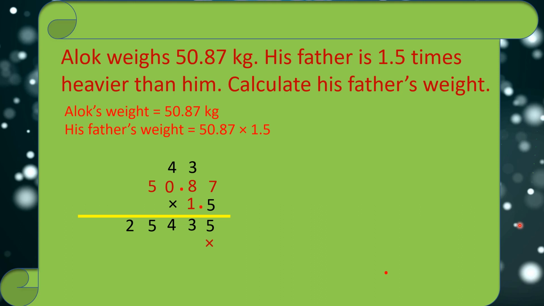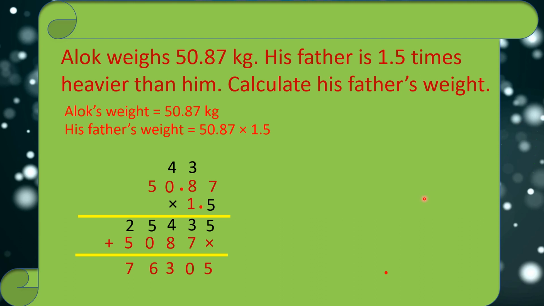Now we will put one cross here and we will multiply by 1. So what will be? 1 seven is 7, 1 eight is 8, 1 zero is 0, 1 five is 5, and we will add. So it is 5. 7 plus 3 is 10, so we will write 0 here, and 1 we will put as carry, and we will add in 8 plus 4, which is 13. We'll write 3 here, 1 as carry, so it is 6, and 5 plus 2 equals 7.